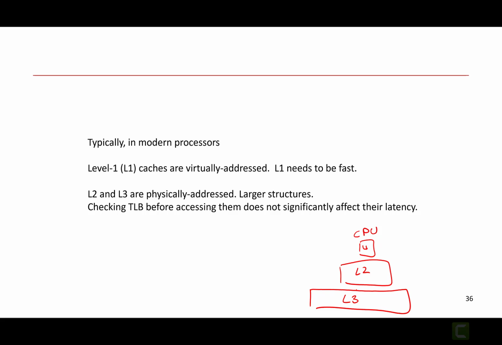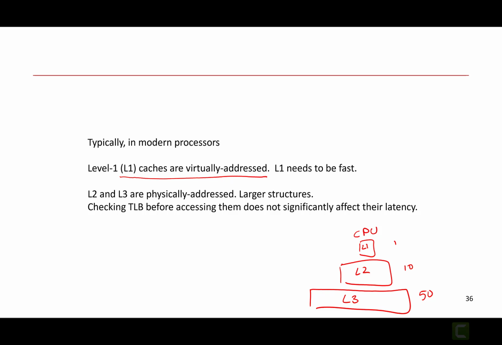All these levels exist because L1 is much faster, L2 is a bit slower, and L3 is even slower, 50 cycles or so. L1 has to be super fast, so you want to do as little work as possible, and we want to not do the address translation before accessing L1. Therefore L1 caches are typically virtually addressed.